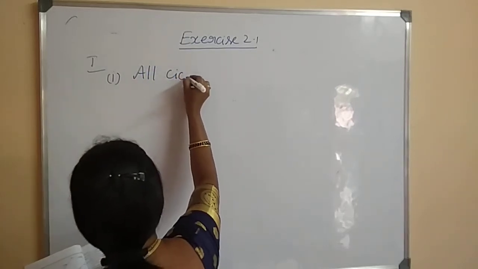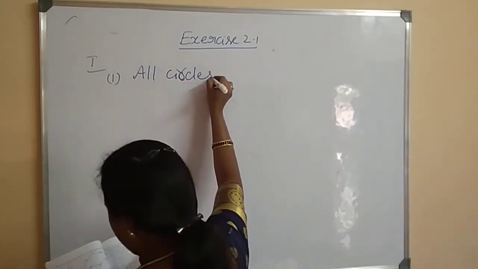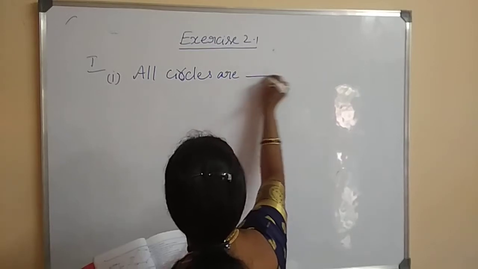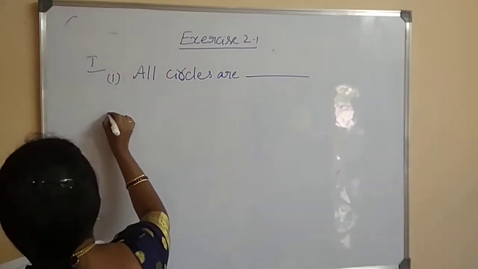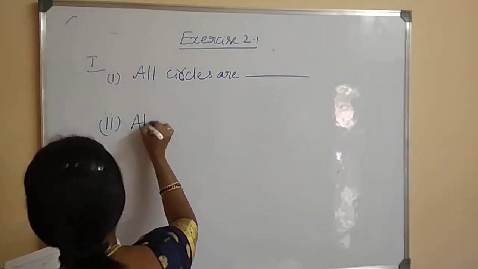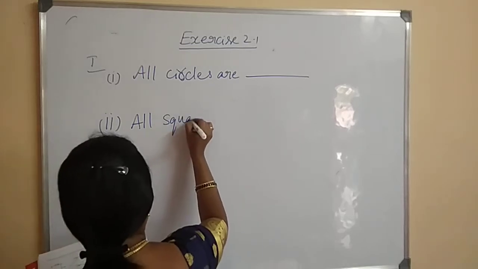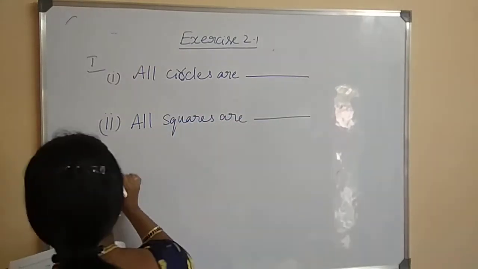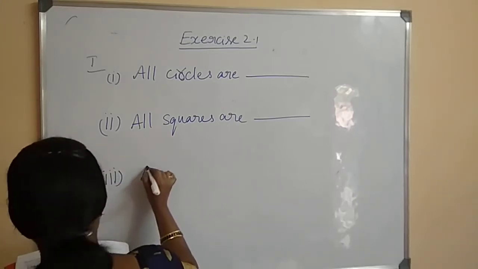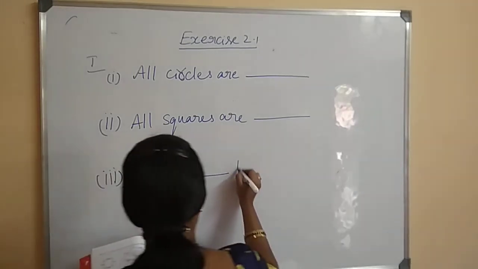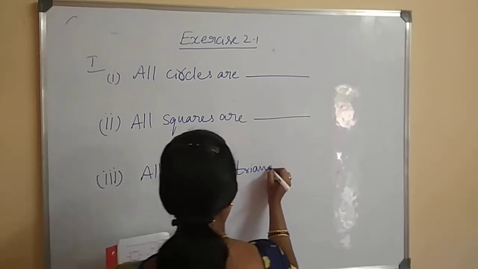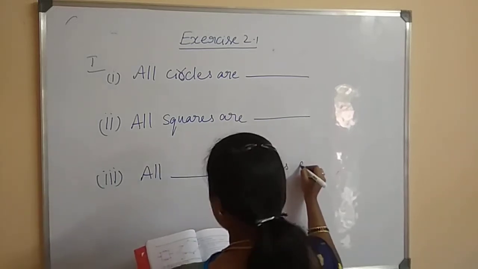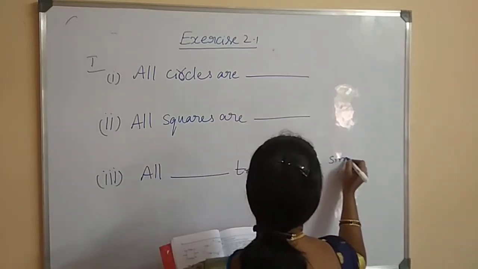All circles are. All squares are. All dash triangle are similar.